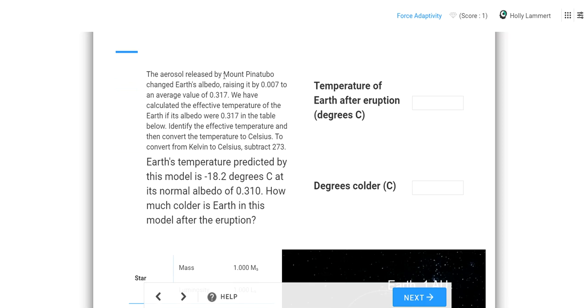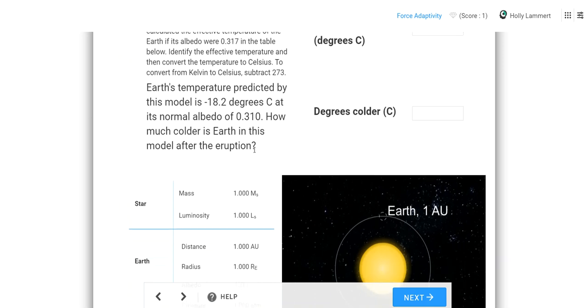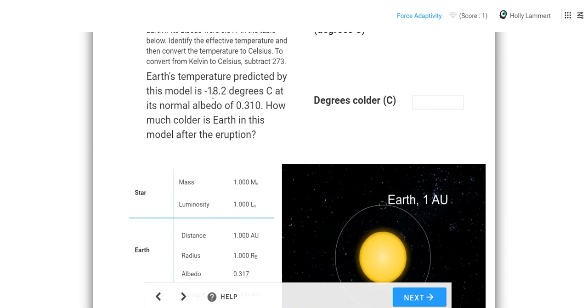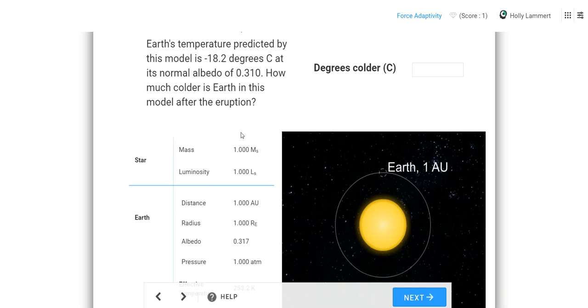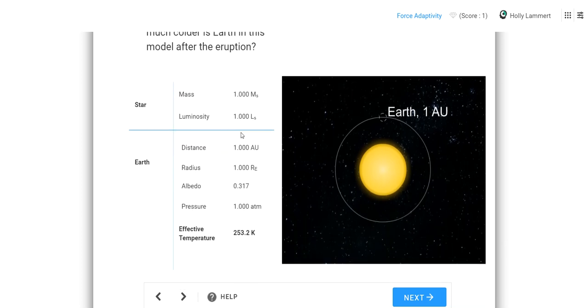Mount Pinatubo changed Earth's albedo, raising it by 0.007 to an average value of 0.317. We have calculated the effective temperature in the table if the Earth was at 0.317 below. And then we'll have to convert. So Earth's temperature is predicted in this model at negative 18.2 degrees with a normal albedo of 0.31. How much colder is the Earth in the model after the eruption?